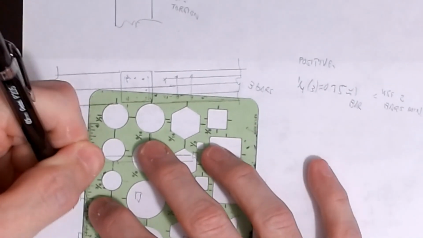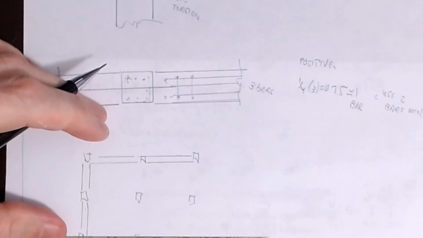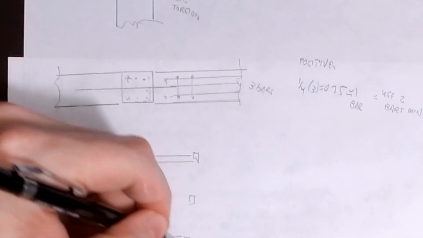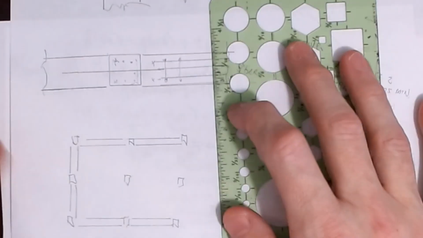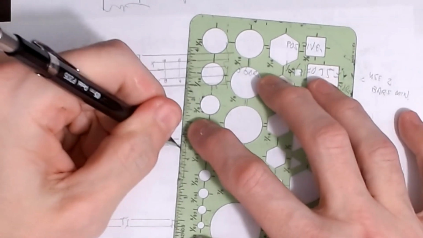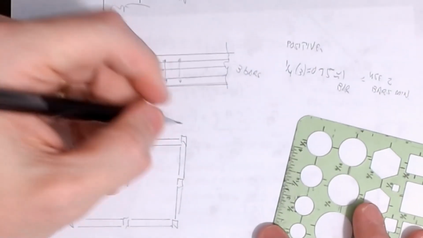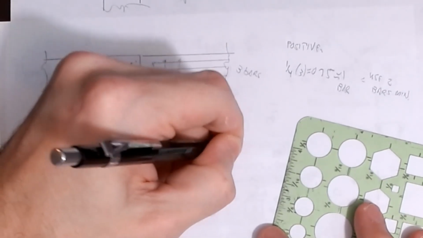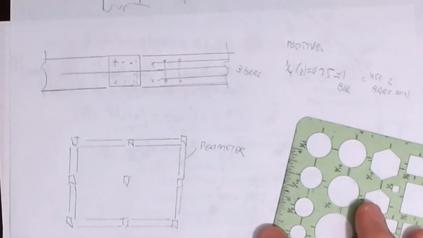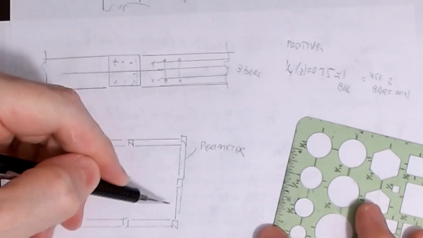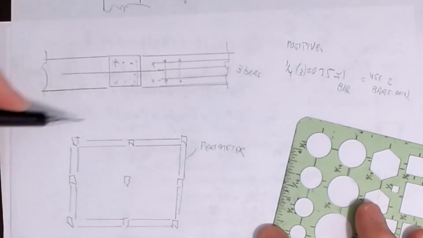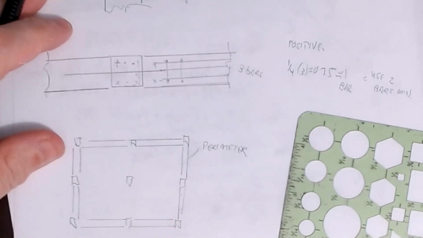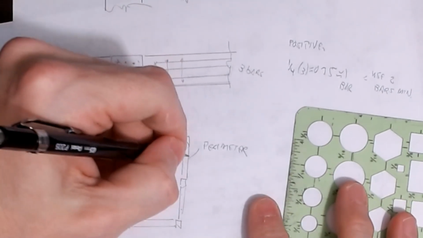This is here all the way around. The ones that I'm drawing on this picture right now, that's a perimeter beam. Sometimes they're called band beams, but they want to make sure that this guy is tied to this and this guy is tied to this, and that there's a continuous circuit all the way around of a certain amount of the steel to help hold all those things together. So that's a perimeter beam.